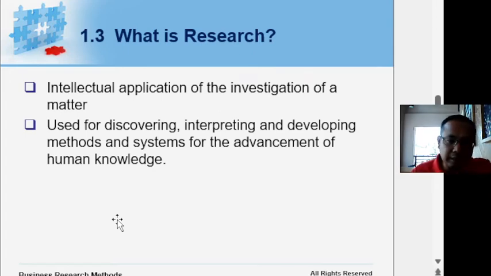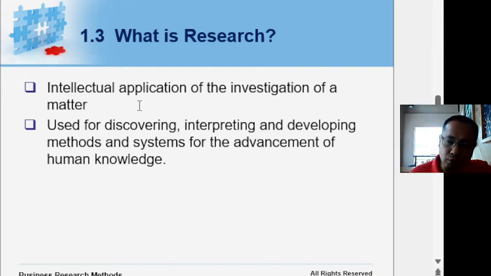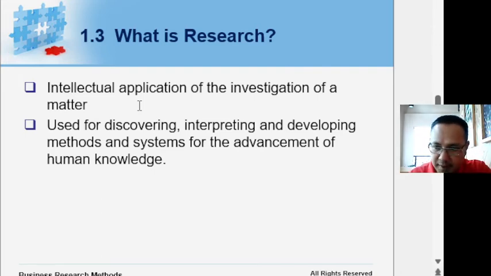So before we go in depth into business, and we can integrate business and research, first of all we need to be really clear about what is research. What is research? So that's an intellectual application of the investigation of matter. Intellectual application means it will involve at least one or two theories, or one or two frameworks for us to use to solve a problem in the real world.